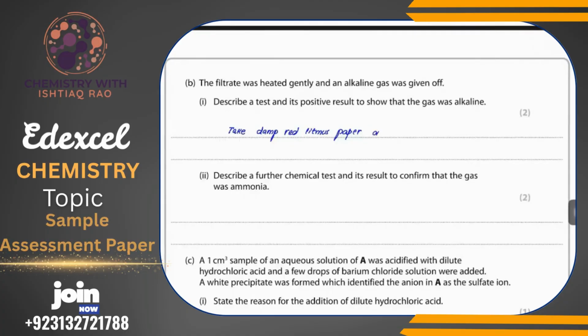Because ammonia will absorb in the damp paper, giving you an easier test. Otherwise, ammonia will not be absorbed in a dry paper, so it would not give you a positive result. Got it. So take damp red litmus paper on the mouth of the test tube.